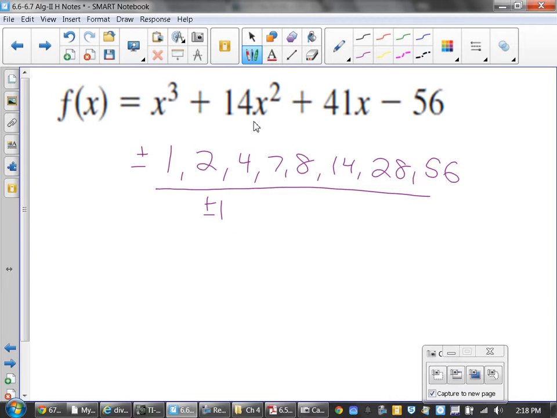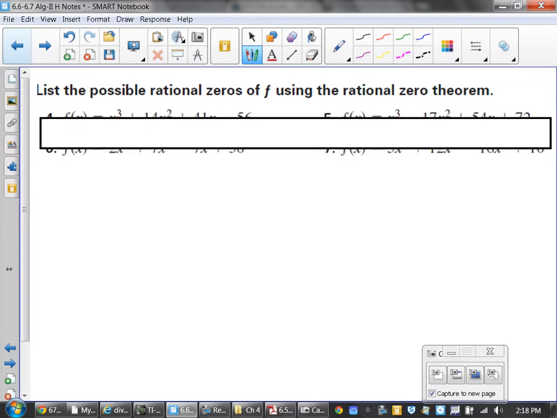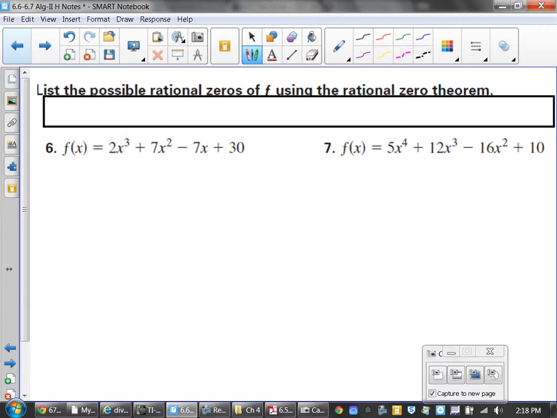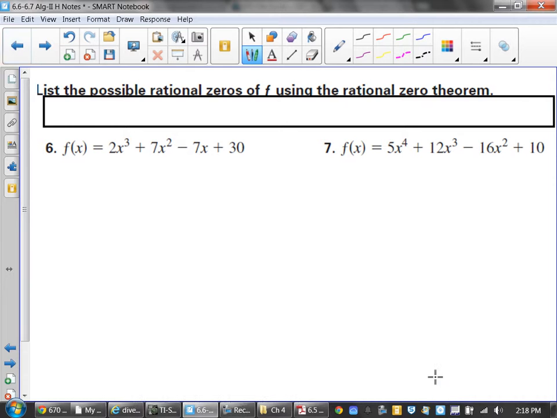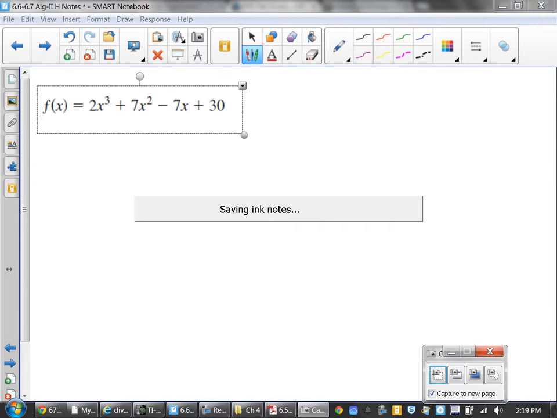Now, the weird list comes into play if you don't have a coefficient of 1. Let me show you that. I want to look at number 6 here, and I'm just going to list them. Remember, what we're looking at is listing out the possible rationals. It doesn't always mean that they're going to work.